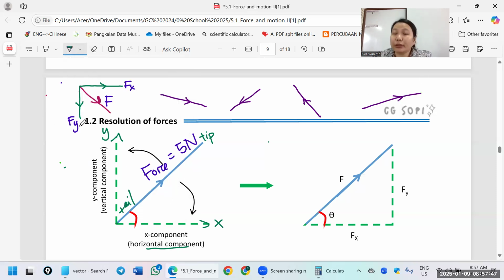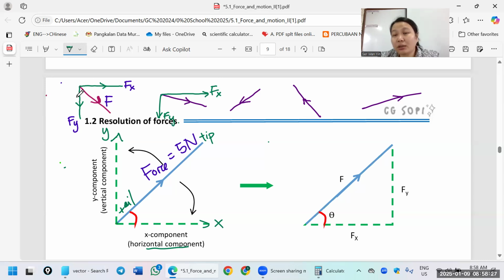Okay, can you resolve it now? And while you are doing it, can you please tell me where I should start? Find what first? Yes, thank you. Find the tip and tail. So we start from the tail, one vertical, one horizontal, Fx, Fy.